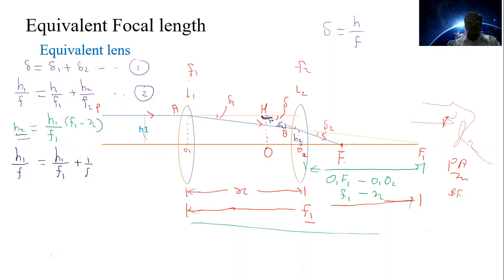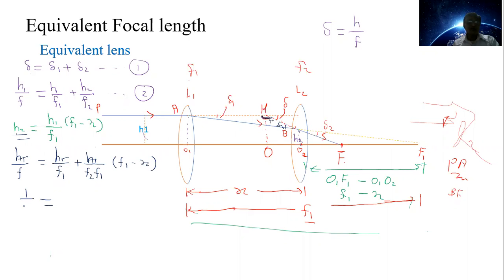I write it first for our convenience. Now put the value of H2. What is the value of H2? H1 upon F1 into F1 minus X. I think H1 gets cancelled here. H1 cancelled, right?